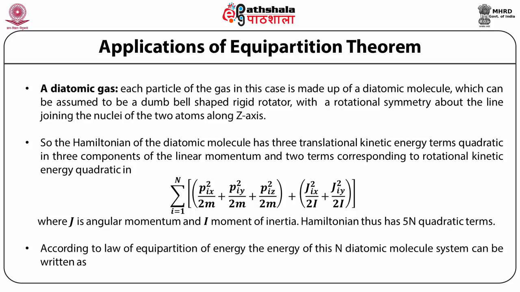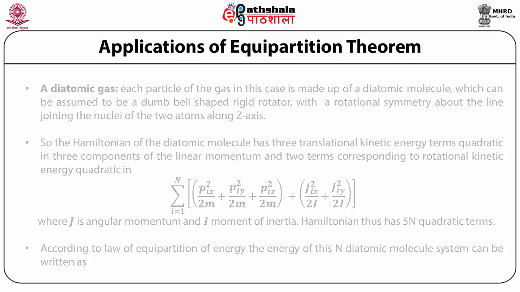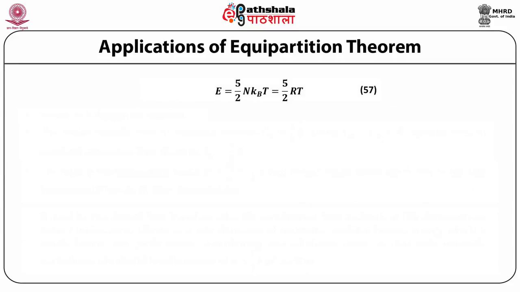According to the law of equipartition of energy, the energy of this N diatomic molecule system can be written as E = 5/2 N kB T = 5/2 RT, where N is Avogadro's number.